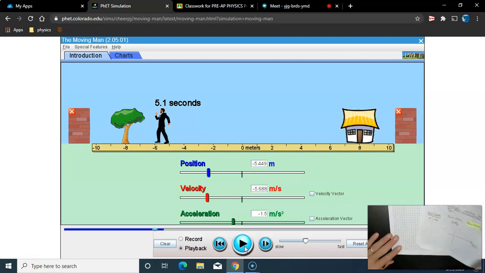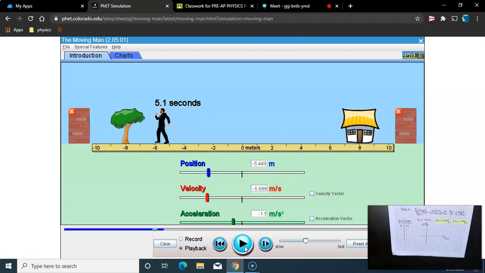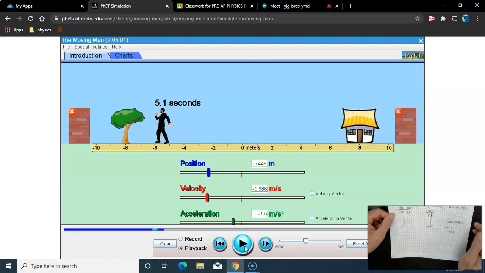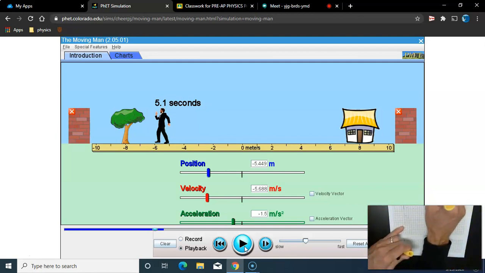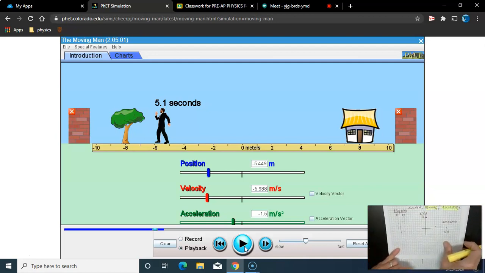Again, this lab contains 4 tables. Initially not moving and accelerating to the right, this one I did in class. Then initially not moving and accelerating to the left, this one you do on your own.